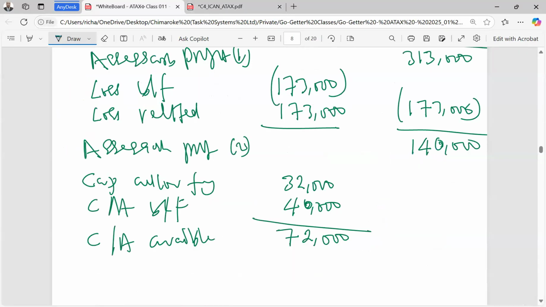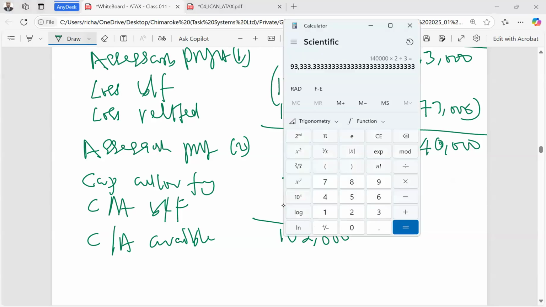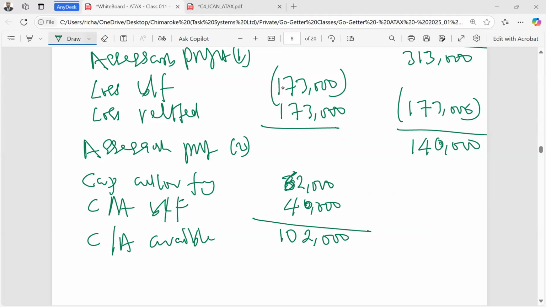So what we would have done here, this one would have been 62,000. 62 plus 40 would have been 102. And we said that the highest that we can take is 93,333. I want to apply it in this question.